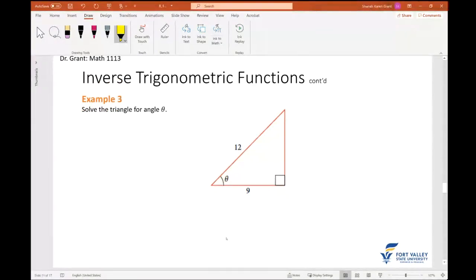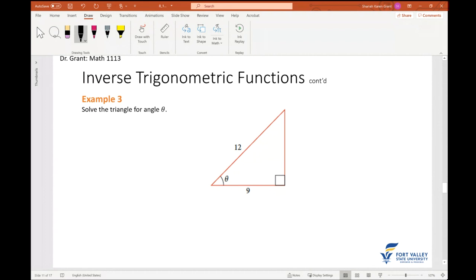All right, so let's say we want to solve this triangle here. If we're solving this triangle for theta, we need to figure out what trig ratio we can use to find theta, or what trig ratio would involve the two sides that are listed.